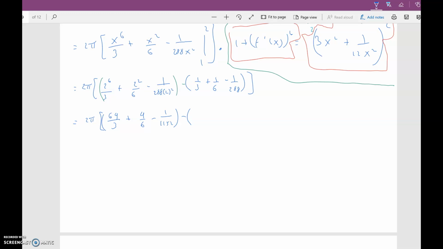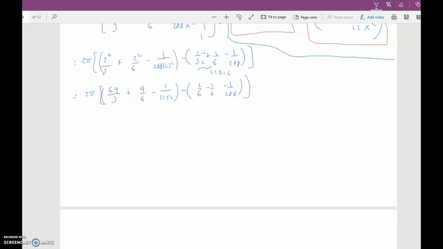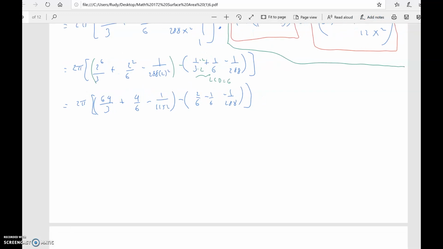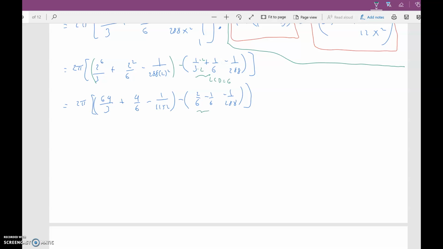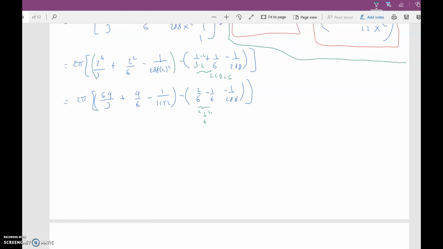So I can just combine these two into sixths. So LCD is equal to 6, so multiplied times 2 and times 2. So this is going to give us 2 sixths minus 1 sixth minus 1 over 288. So before I go any further, this is going to be 1 sixth. Okay, so let me see what I can do here.